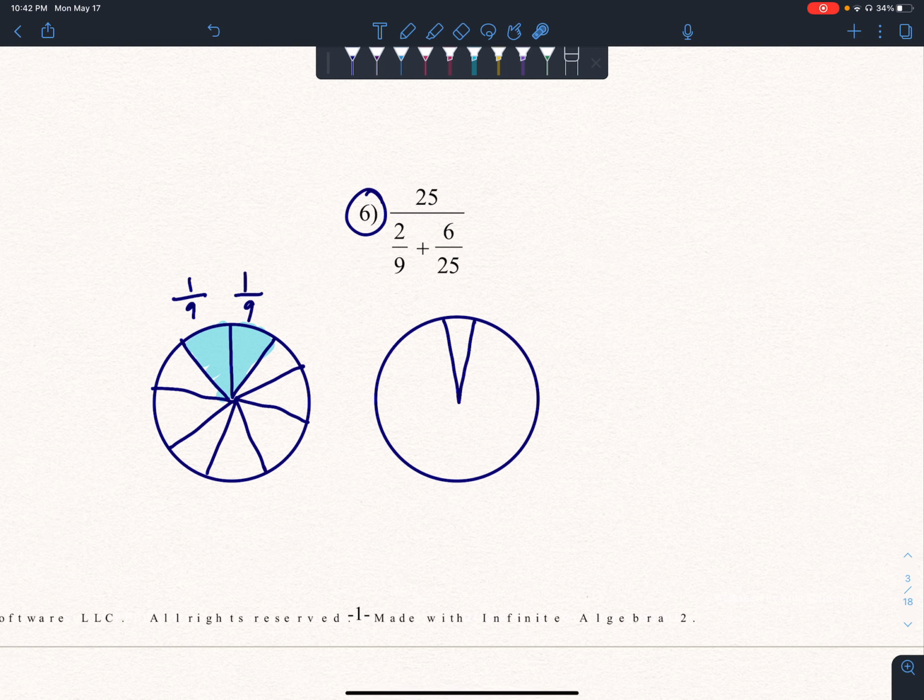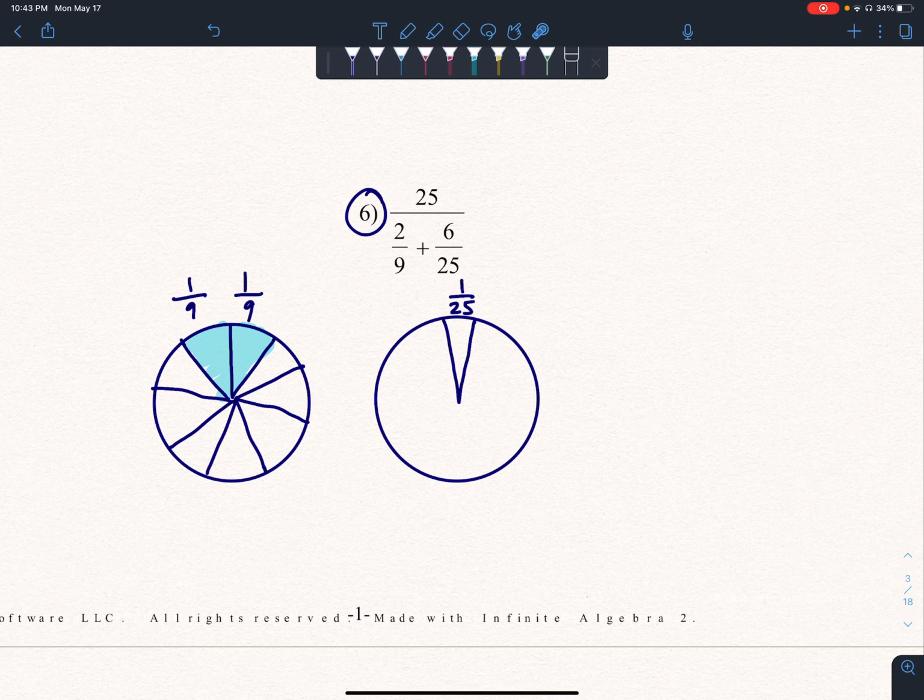They are not the same sized slice, which is why adding the top numbers, 1 plus 1, doesn't make any sense because you're not adding the same thing. This is a 1 out of 9 size, and this is a 1 out of 25 size. You can't just combine them.